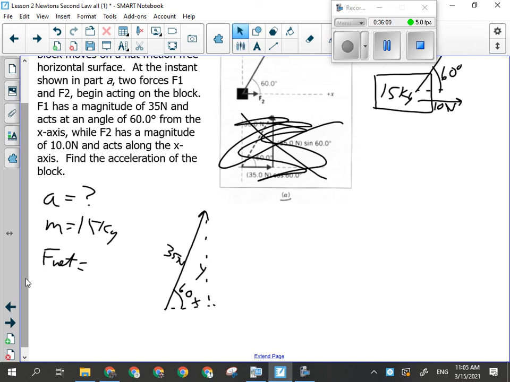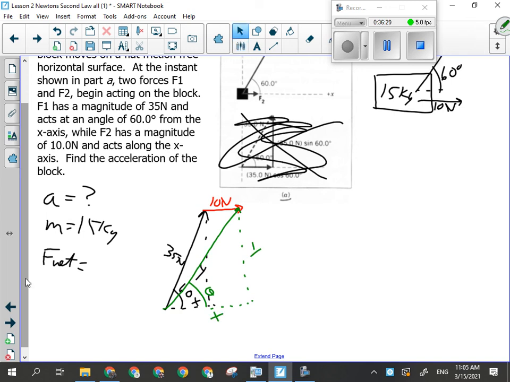And then we'll have the 10 Newton force on the end of that. Like so, that means our resultant, which in this case represents our net force, is going to look like that. And it'll have its own theta, its own y, and x.